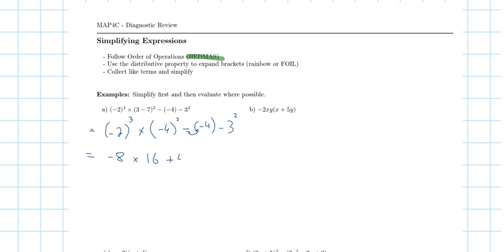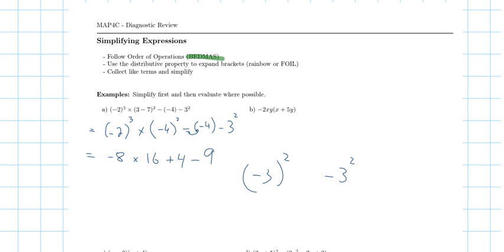And how about the last term? -9. Why is this not +9? Why is it going to end up as -9, while this one, which is -4 squared, ended up as +16? Because the negative sign was not having the power. That's right. Only the number 3 was having the power. So there's a big difference between this and this.